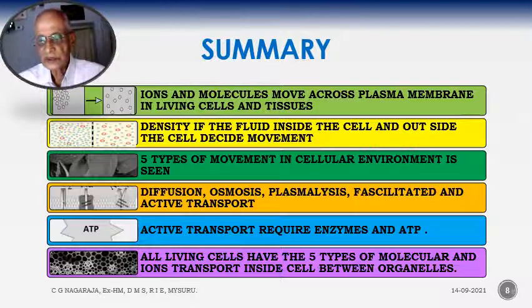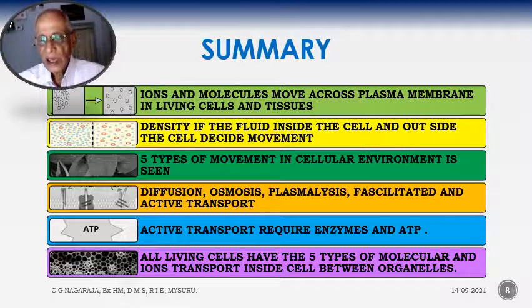The third, we said there are 5 types of movement in the cellular environment we could see in living beings, and they are diffusion, osmosis, plasmolysis, facilitated transport, and active transport. That is very important. Please remember that.